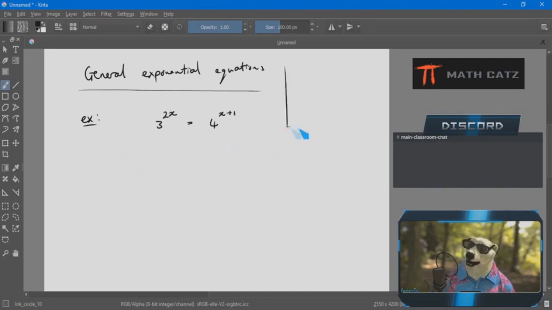A key property of the logarithmic function, similar to the exponential function, is that if f of x is equal to g of x, now those could be numbers as well, then that's equivalent to the log of f of x equal to the log of g of x.